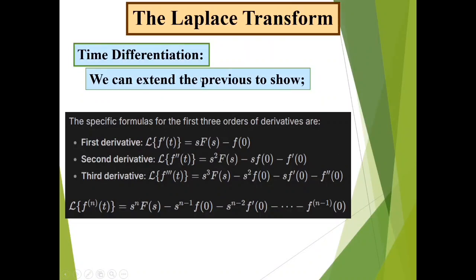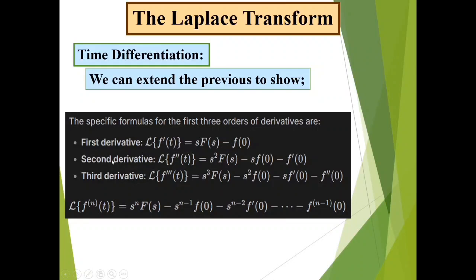So we can extend the previous formula and we can write the formulas for the derivatives. That is, the Laplace transformation of the first derivative, L of f dash of t is equal to s into F of s minus f of 0. This we have already derived.